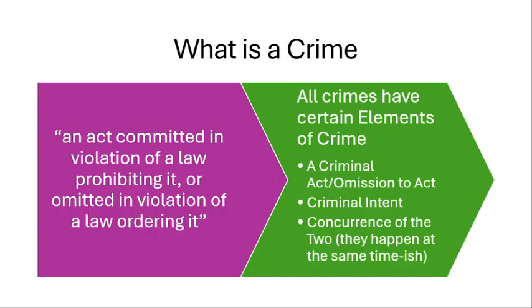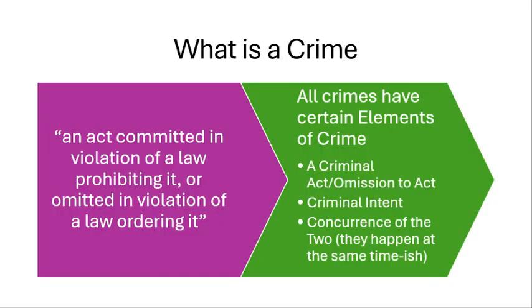So it's important to remember what is a crime. Remember that crime itself is an act committed in violation of a law prohibiting it or omitted in violation of a law ordering it. A crime is pretty straightforward. It's something that is deemed illegal. And we also know that all crimes have certain elements.